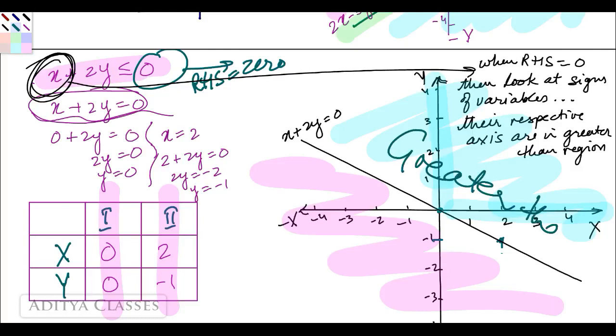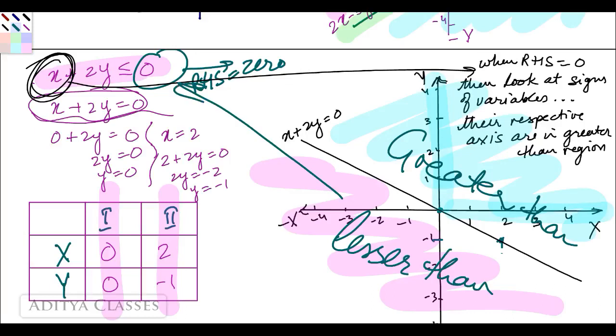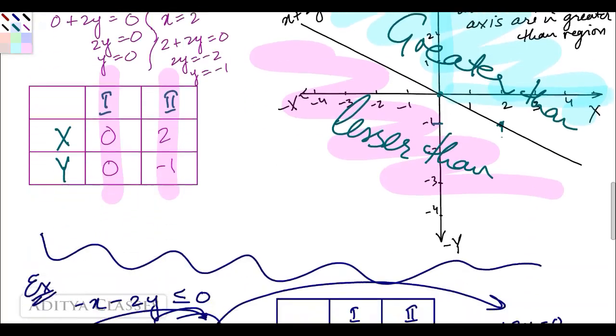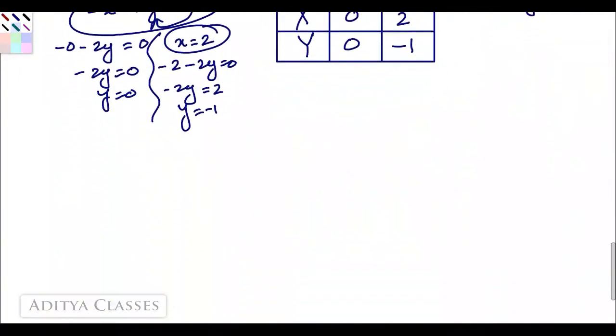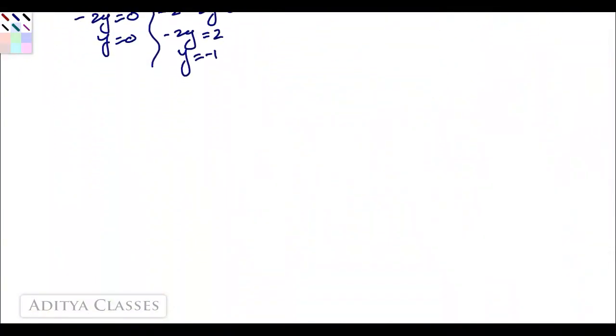And what happens to this? Obviously this becomes the lesser than area. For which example? For this example. Fine. Now if I try making the same coordinate system over here once again, let us see what happens.